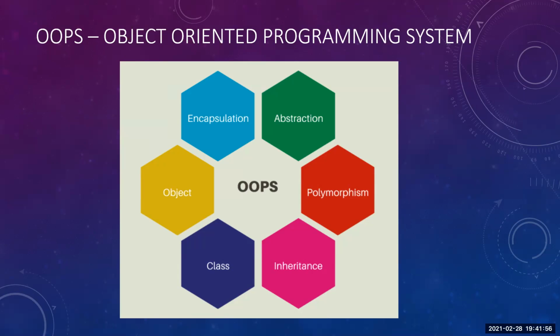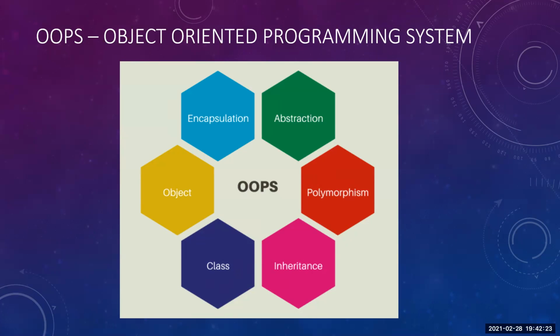OOPS starts with an object, and with an object you have something called class, inheritance, polymorphism, abstraction, and encapsulation. These are the basic terminologies that go around with OOPS. I'll give you a one-liner definition for each. First is object. It's a bundle of data and its behavior, so it has two characteristics: state and behavior.